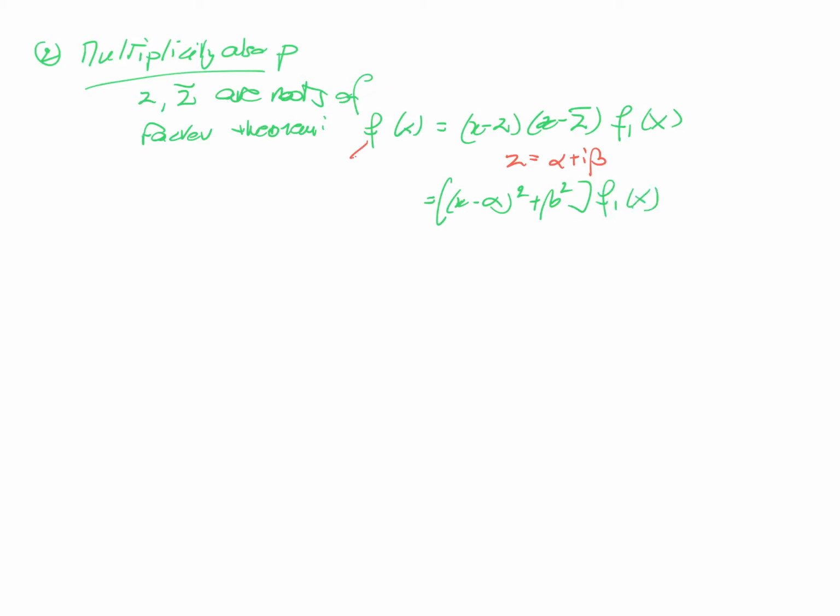We know that f has only real coefficients. We know that this term also only has real coefficients. There is no coefficient with an i in it. So f of x has real coefficients, and the other term has real coefficients. So there is no other option than to say that f1 of x also has real coefficients.